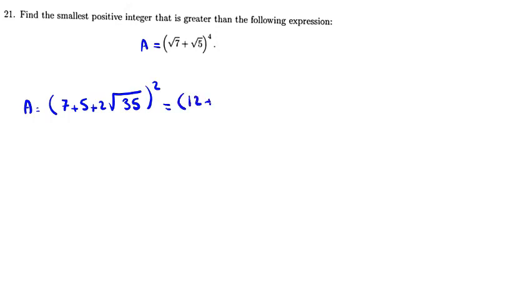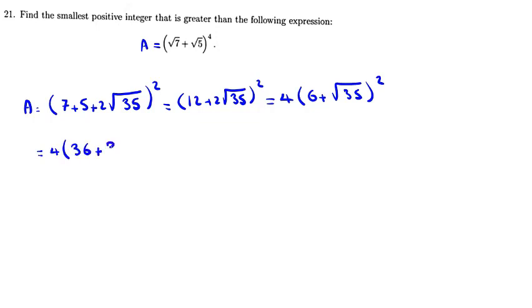It will be 12 plus 2 root 35. You can take 2 outside, and it will be 2 squared. It will be 6 plus root 35 squared. It will be 4 times 36 plus 35 plus 2 times 12 root 35.